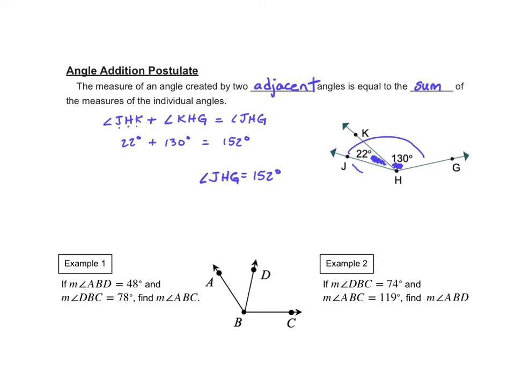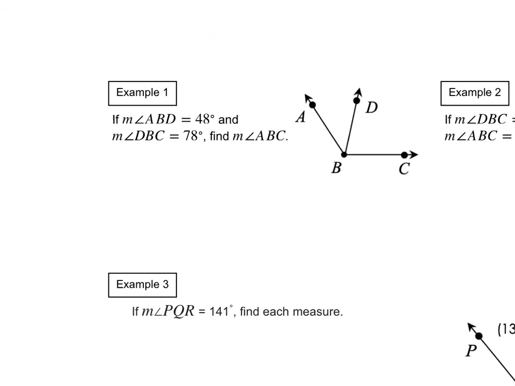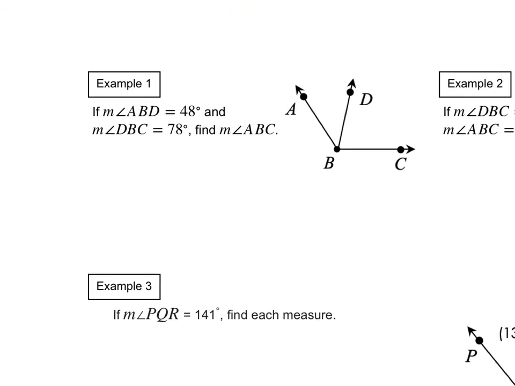So we go ahead and apply that definition here in number 1, that angle ABD is 48 degrees, and DBC is 78 degrees. They want me to find ABC, so I know that angle ABD plus angle DBC is equal to angle ABC.